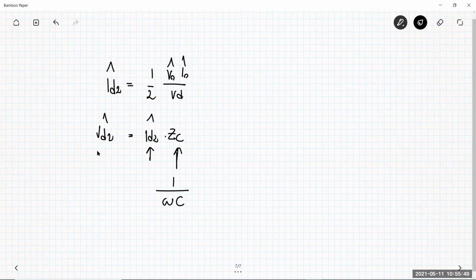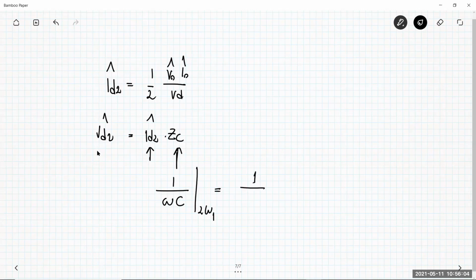If I have as an impedance the impedance of a capacitor, this is 1 over omega C. This current has a variation that follows 2 times f1. So it is important to understand the impedance of this capacitor at the frequency 2 omega 1.